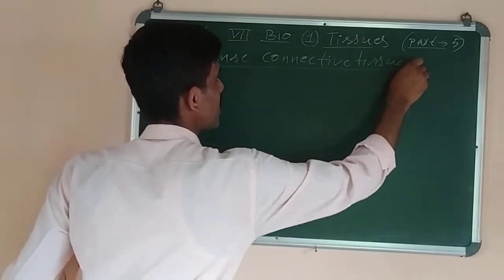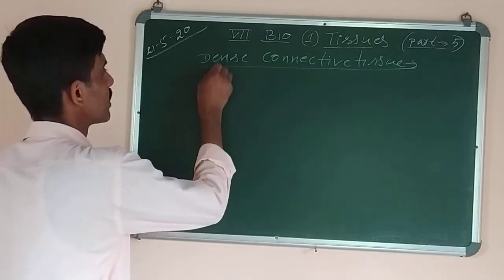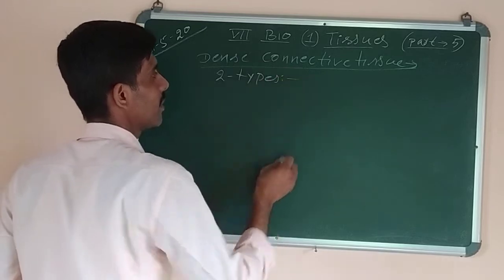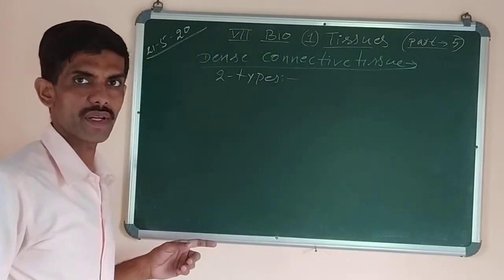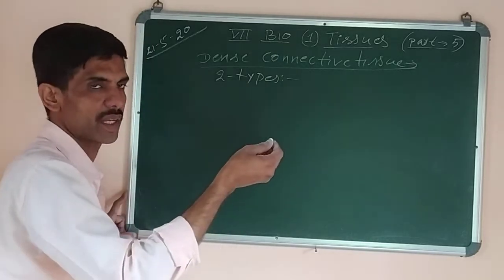Dense connective tissue is further divided into how many types? It is divided into two types. It contains more fibers than the loose connective tissue. If you want, you can write here: more fibers than loose connective tissue.